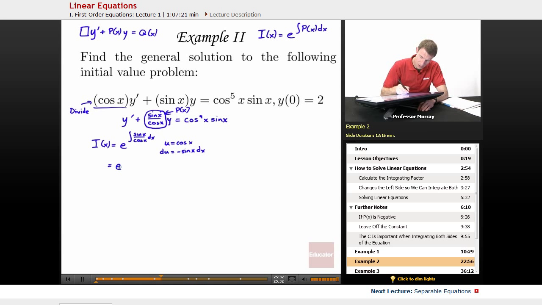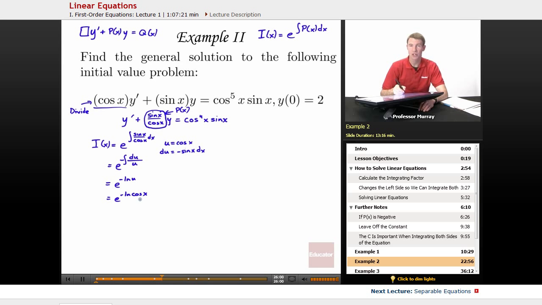So this is e to the negative integral of du over u, and that's e to the negative natural log of u, which is e to the negative natural log of cosine x.